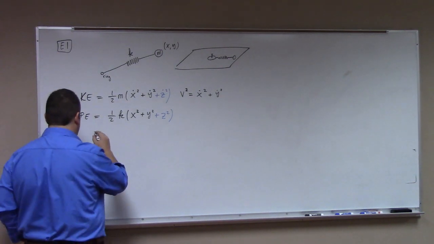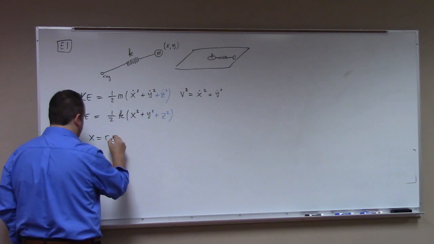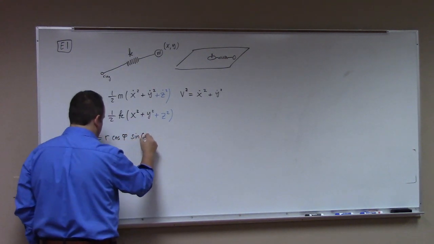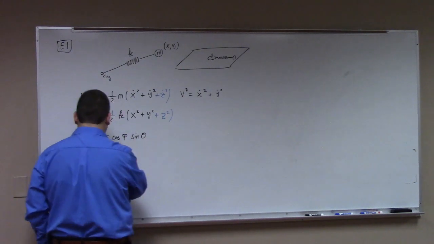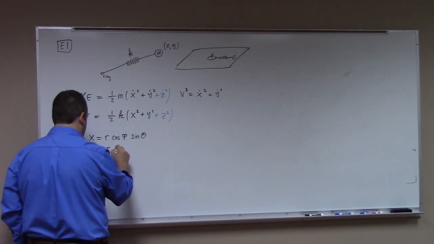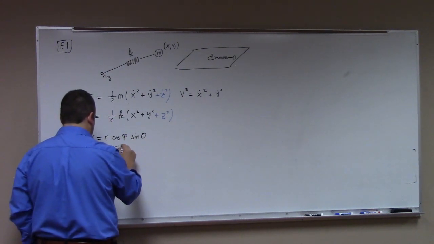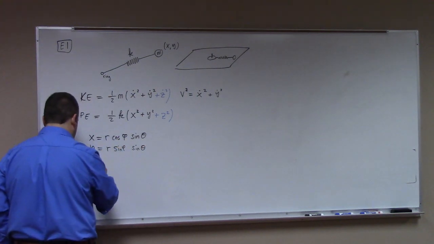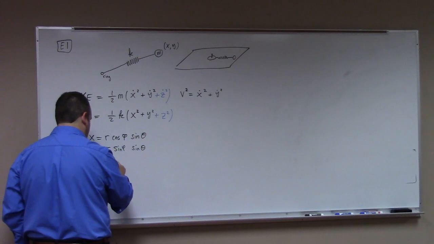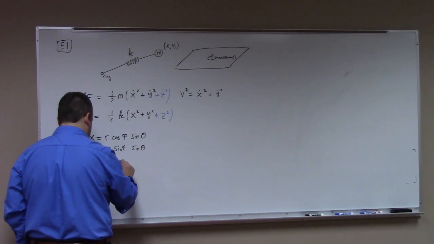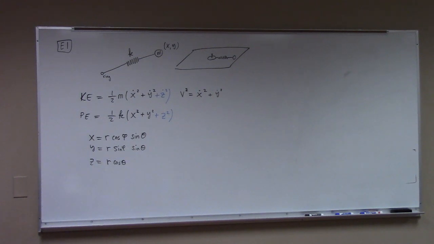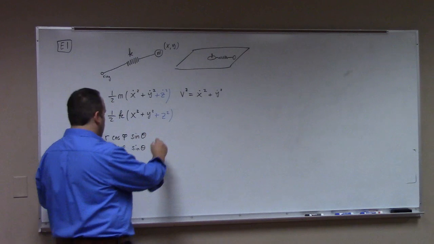Physics sphericals are x equals r cosine phi sine theta, y equals r sine phi sine theta, z equals r cosine theta, if I recall correctly. Here the roles of phi and theta are interchanged from their usual ones in math.